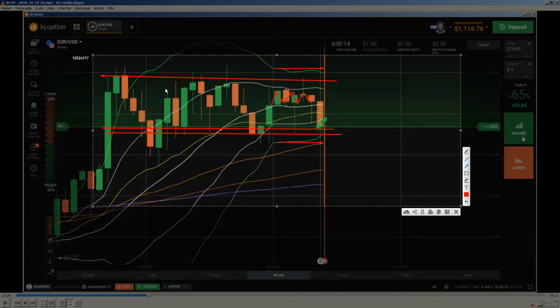Somebody could say, but we also have a double bottom, a double top, and yes, that's right. But the problem is that we are still in some kind of ranging market here. You see the Bollinger Squeeze. That is a sign that this double top will not unfold at the moment, because we are still in a ranging market.